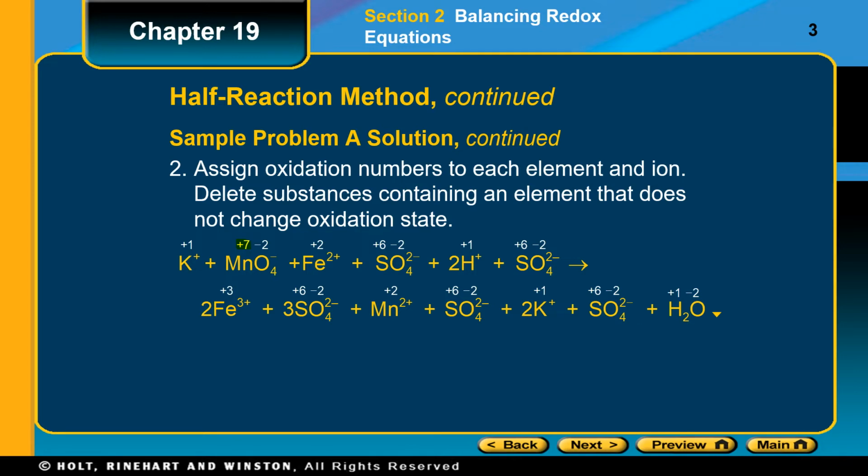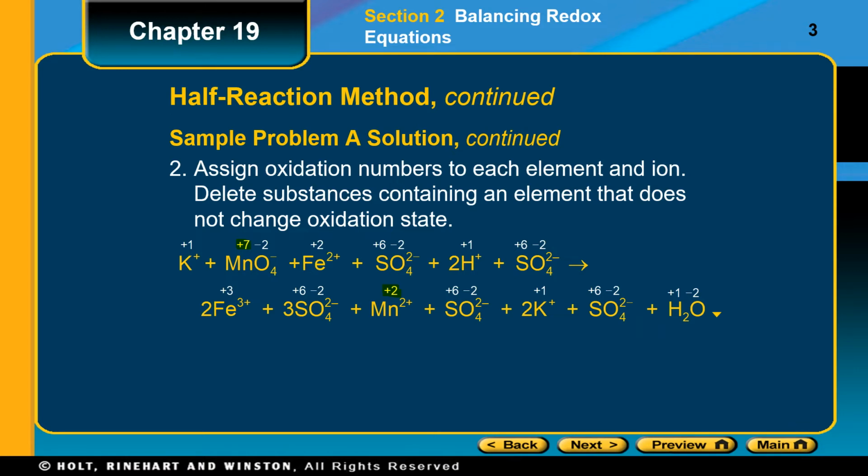Sulfate again is what it was before. Iron is +3. Sulfate again, what it was before. Manganese is positive 2. Sulfate is still the same as before. Potassium +1, sulfate again, hydrogen +1, and oxygen -2.